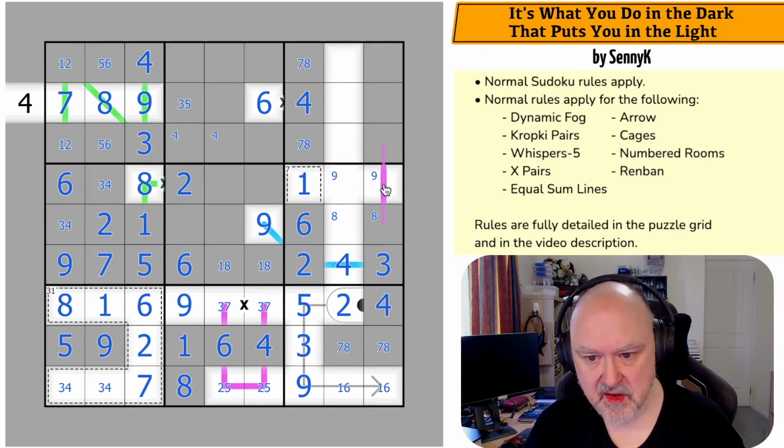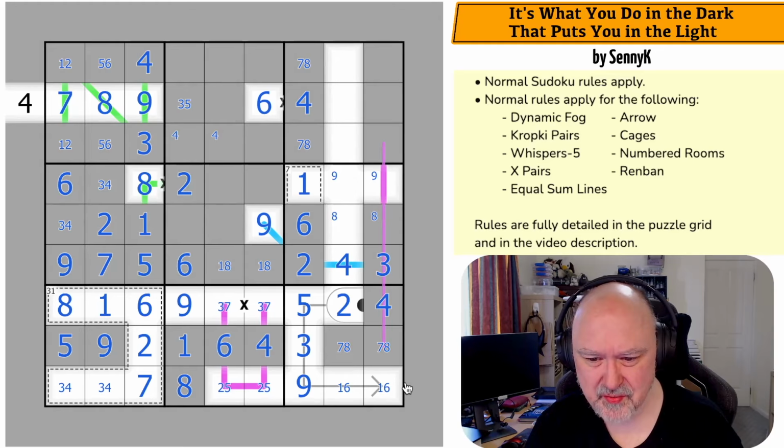This can't be 9 because then this line would need to contain 8 somewhere, and 7 somewhere. And I couldn't do that without breaking this cell. The only way you could potentially do that is to bring this down.